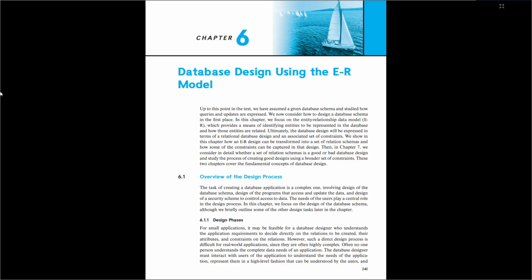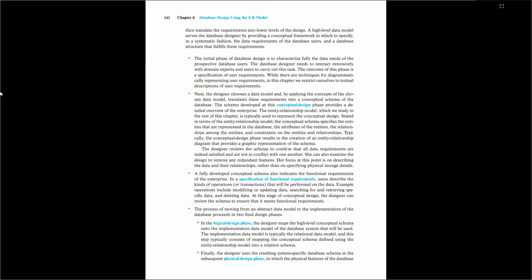The database designer must interact with users of the application to understand the needs of the application, represent them in a high-level fashion that can be understood by the users, and then, using the ER model, translate the requirements into lower levels of the design.